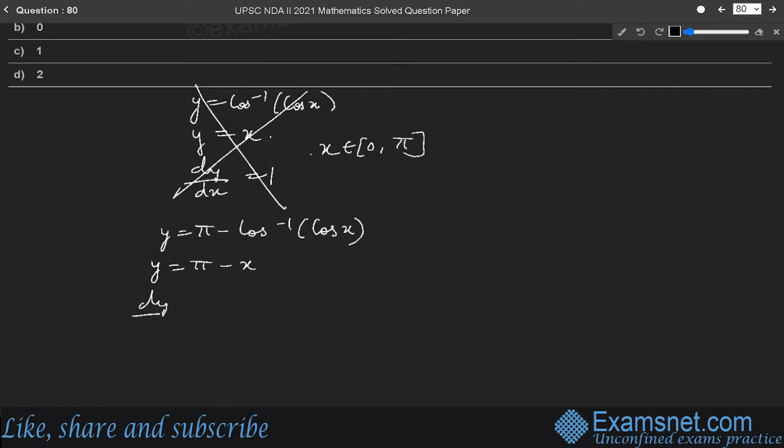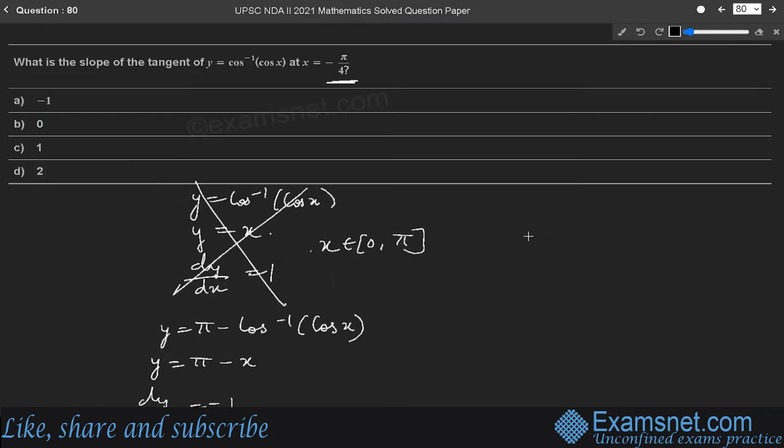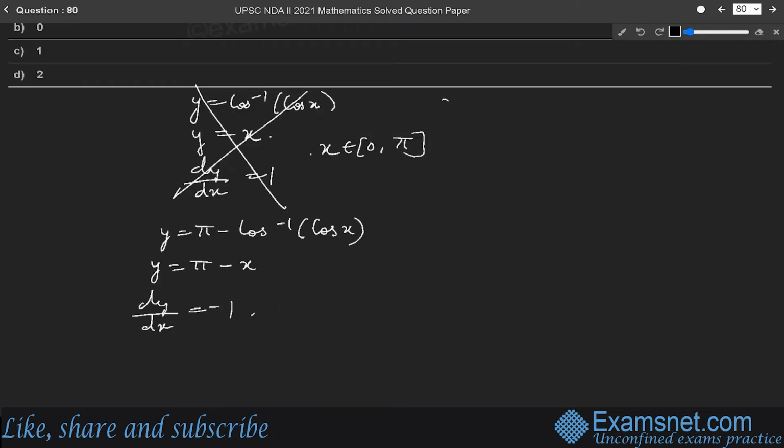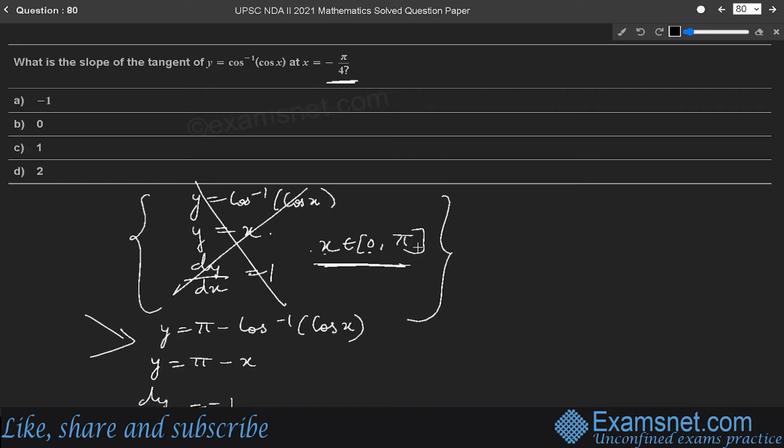So dy by dx will be equals to minus 1. So this is the correct option for this question. Please remember this concept. Please do not do this part in this question, because it is only applicable when x belongs to 0 and pi, but in question x is minus pi by 4. So for that, this condition will be applied. So dy by dx is minus 1. So the correct option is option number A, which is minus 1.